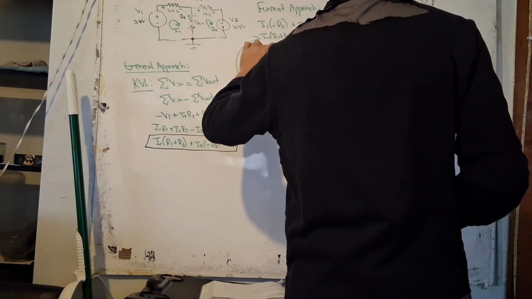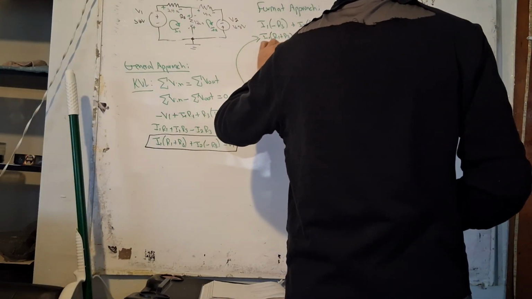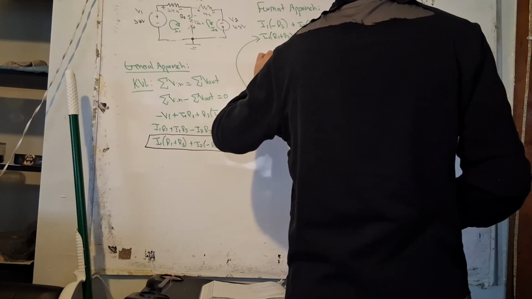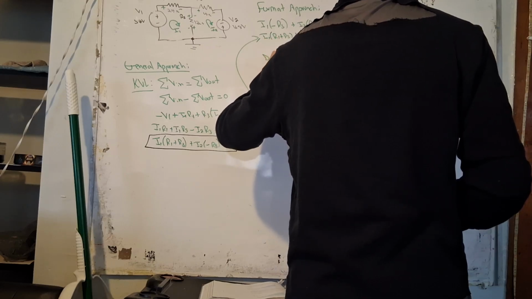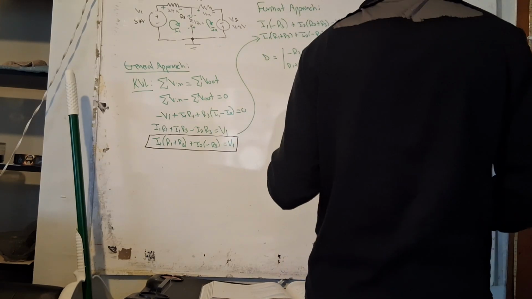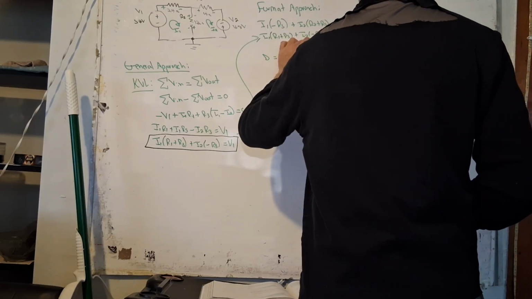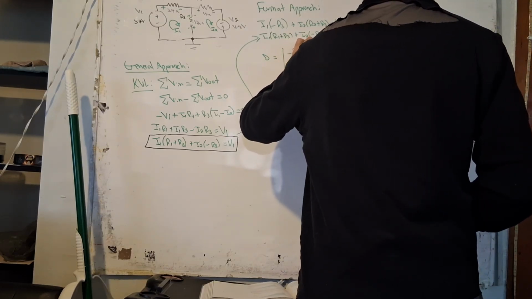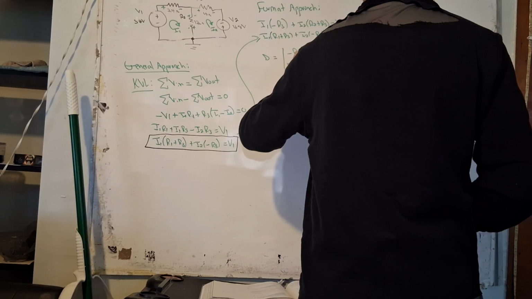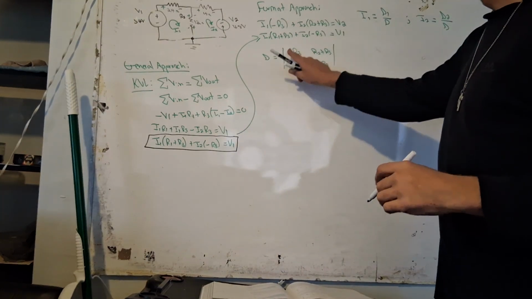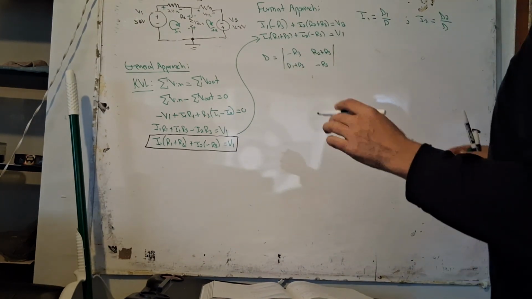D is equal to the matrix of negative R3, R1 plus R3, this is R2 plus R3, negative R3. You always have the opposite values on the different sides like that. It'll always turn out that way.